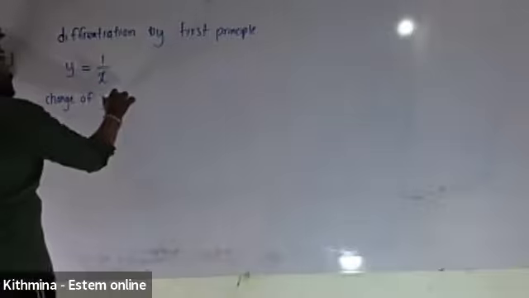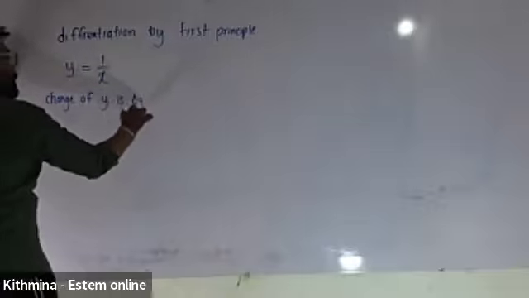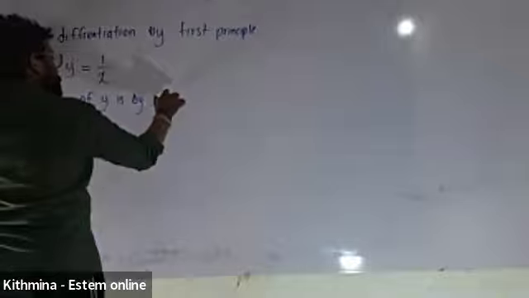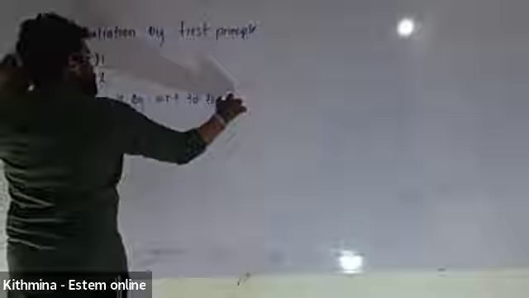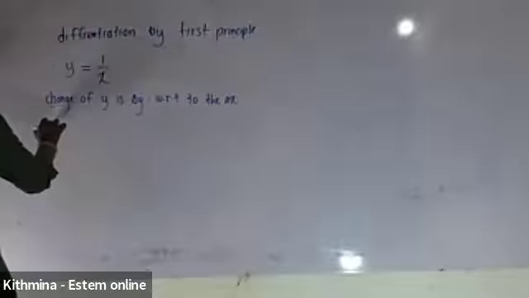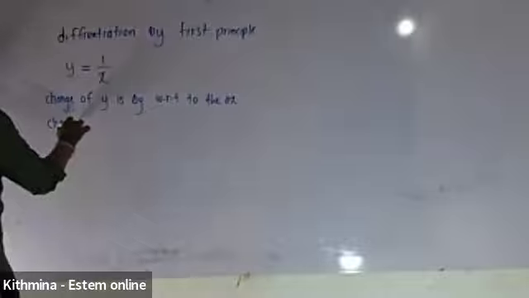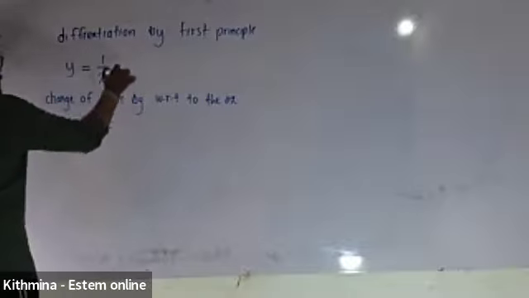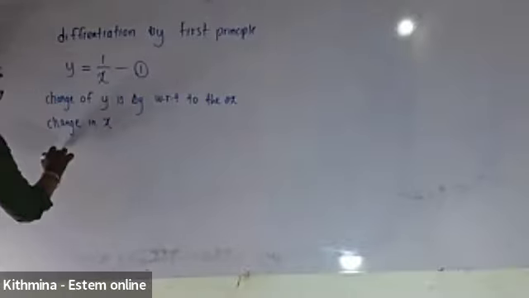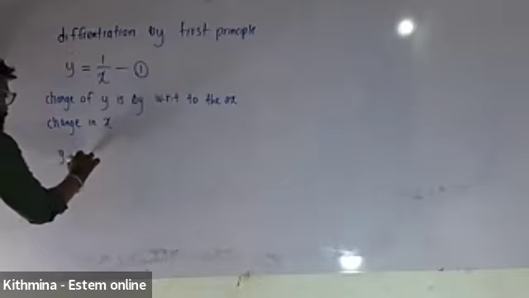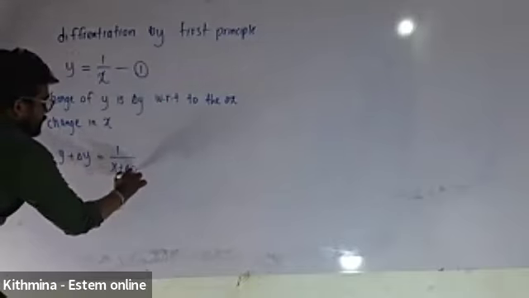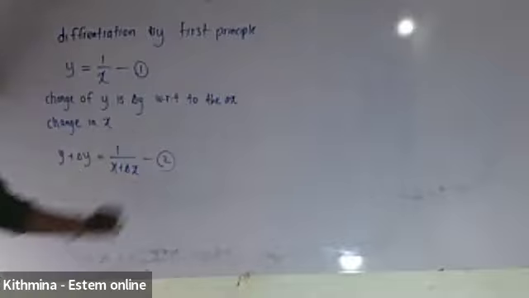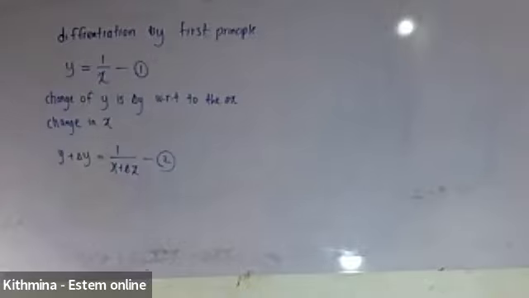The change of y is delta y with respect to delta x, the change in x. This is 1. Then we can write y plus delta y equals 1 over x plus delta x. This is number 2. See, same steps. Always delta y and delta x.